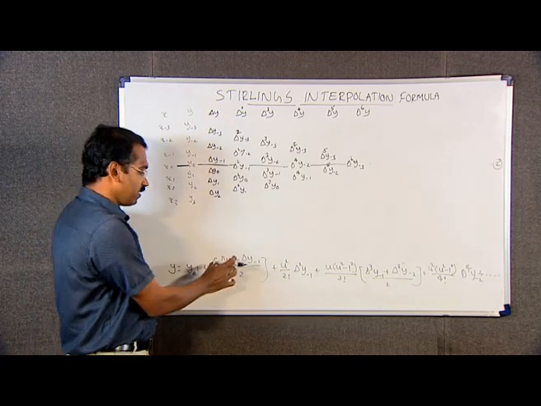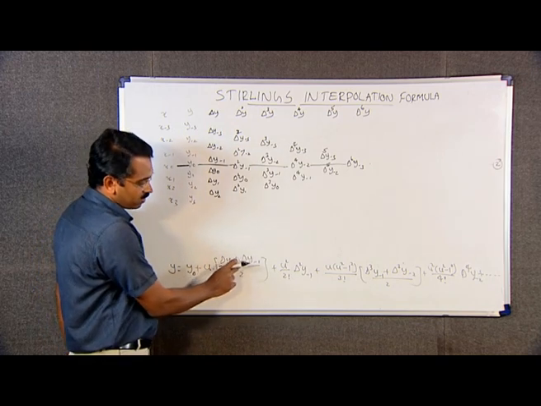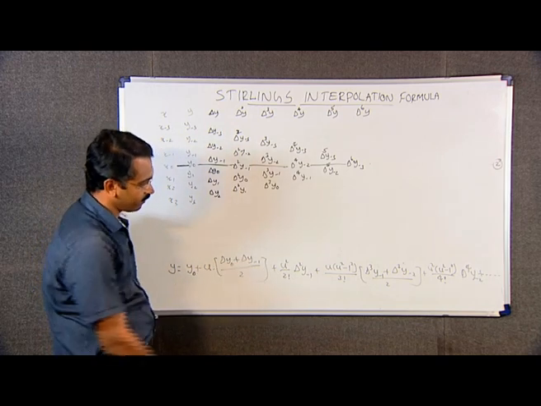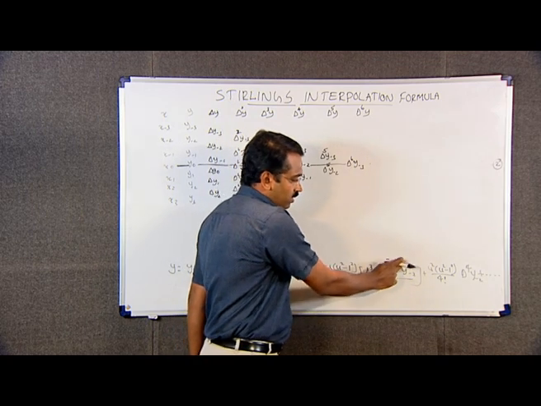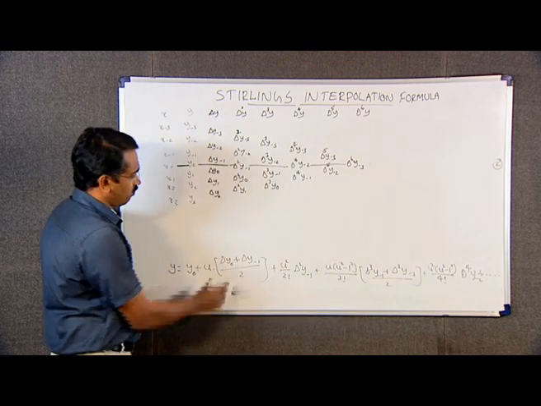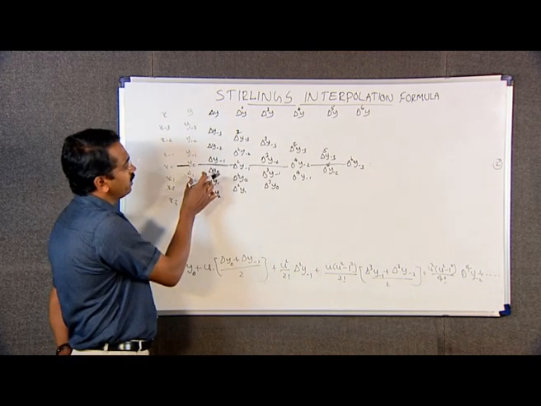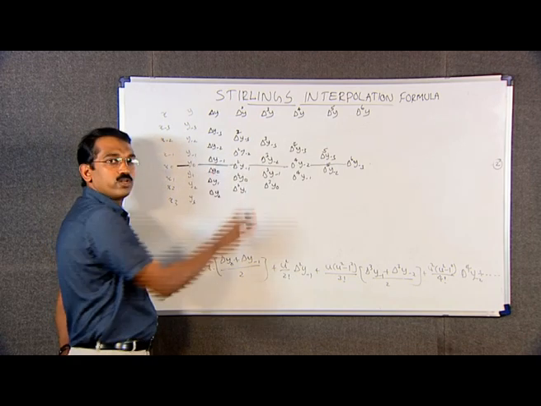And observe the odd order differences, which are delta y naught, delta y minus 1 here. Next is delta cube y minus 1, delta cube y minus 2, and so on, which lie a line above the center line and a line below the center line.